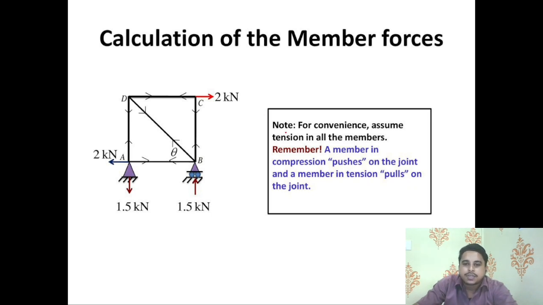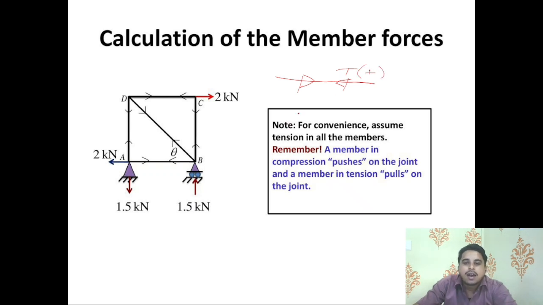Now there are some assumptions. The first assumption is that all the members are subjected to tension. If a member is subjected to some forces, then we consider the nature of the internal axial force in the member as tension. So tension force we consider as positive.